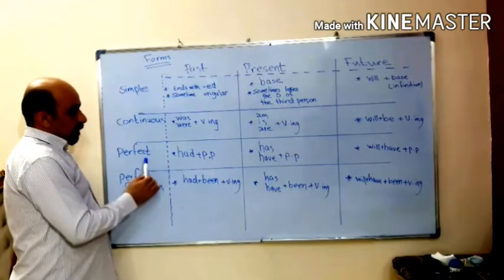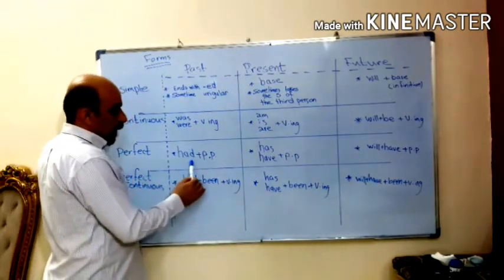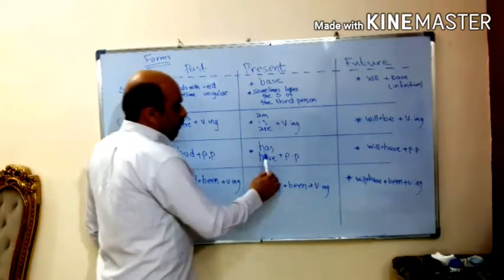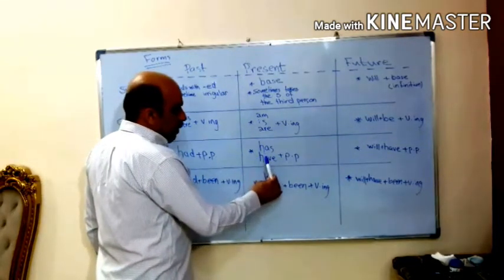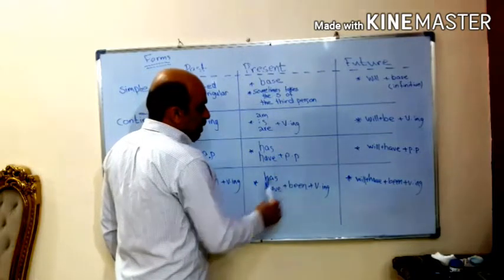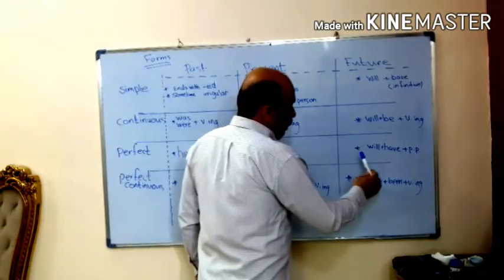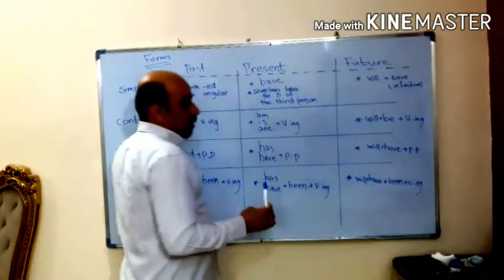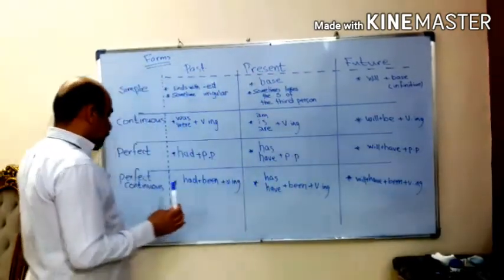The perfect category starts with had plus past participle. For the present, we have has or have plus past participle. For the future, we have will plus have plus past participle.